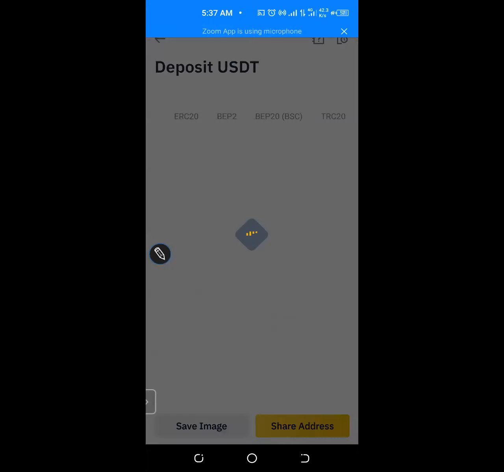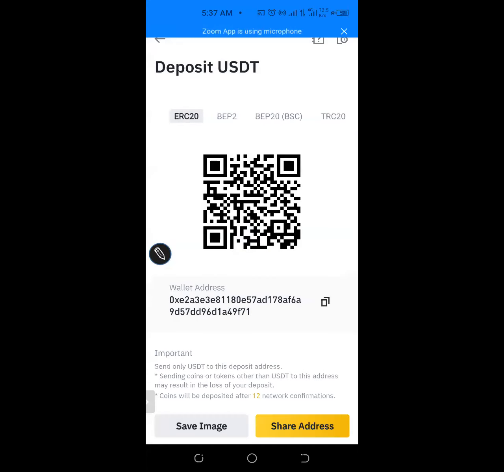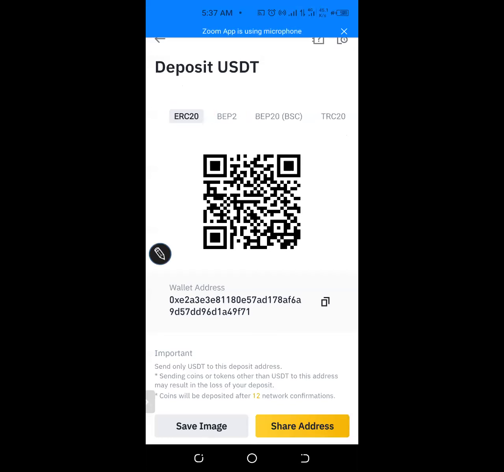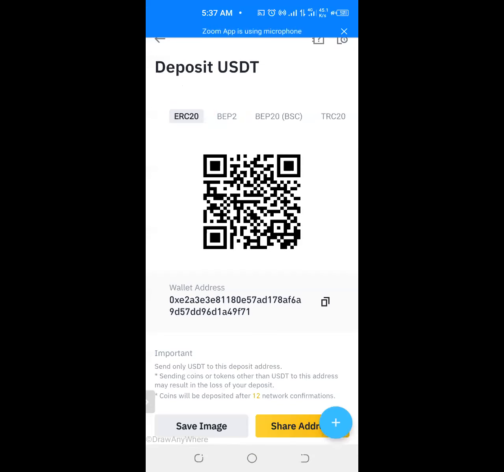You click on it, and they are going to give you options for the wallet. The first wallet is the ERC20 wallet. You have the BEP2 wallet, you have the Binance Smart Chain wallet, and you have the TRC20 wallet. I repeat: if you want to send USDT to somebody, tell the person to send to you on the TRC20 wallet.